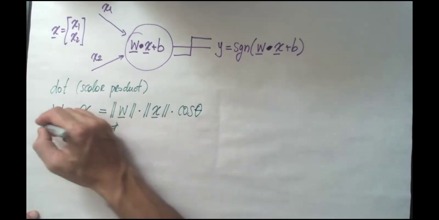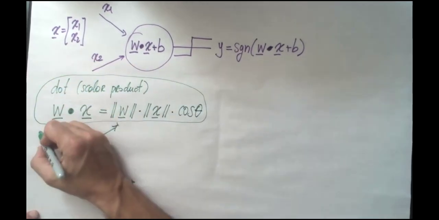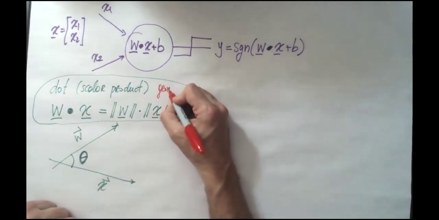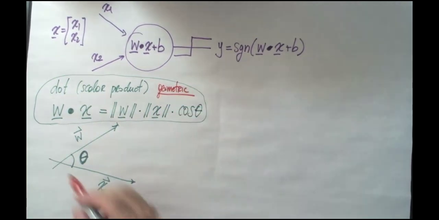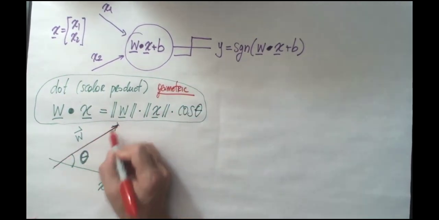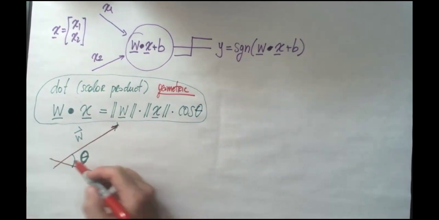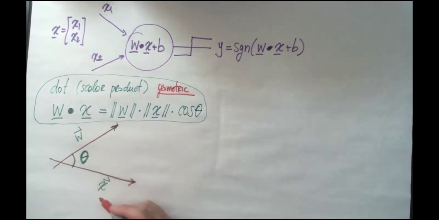Of course, this is a geometric definition of the dot product. So I just need to be able to draw vectors, which are just a length and a direction, and then measure the angle between them.